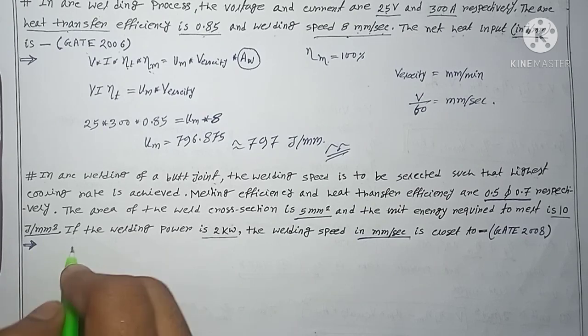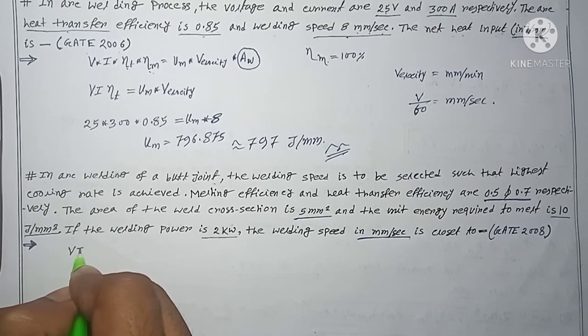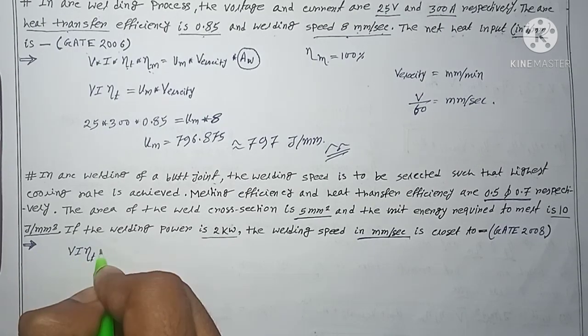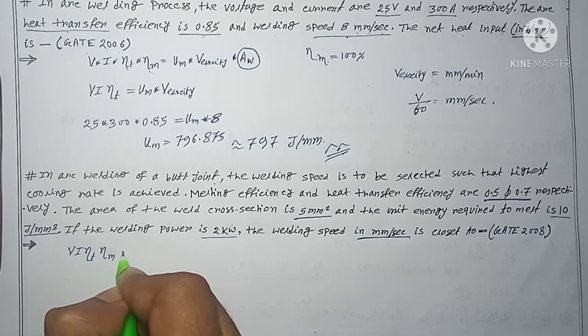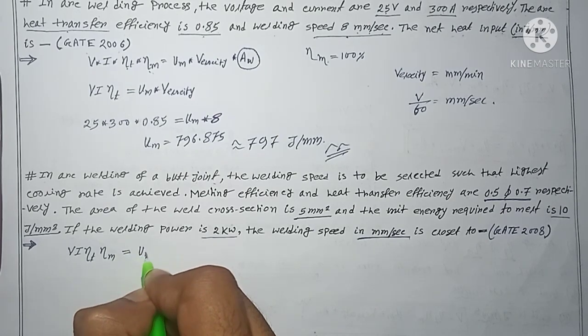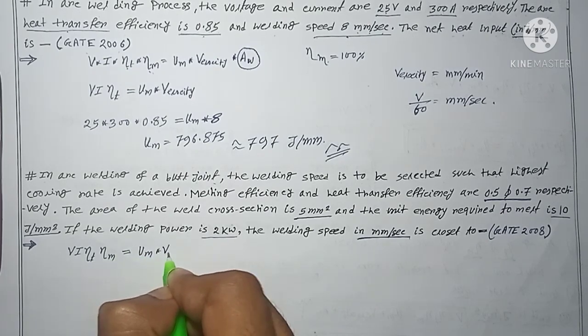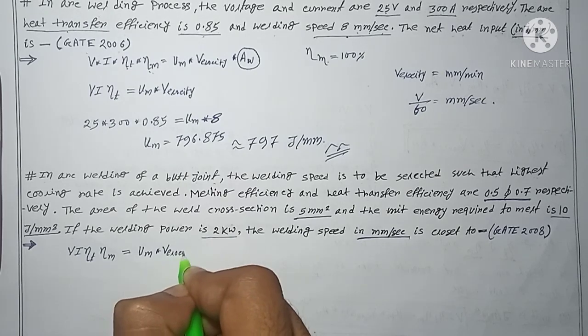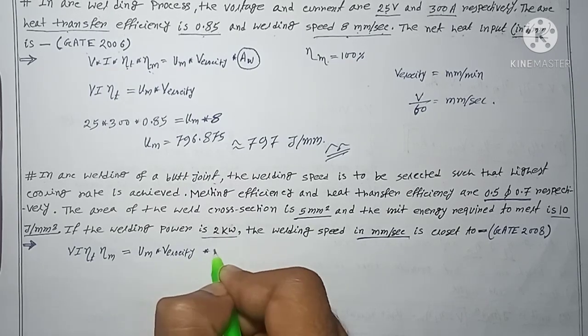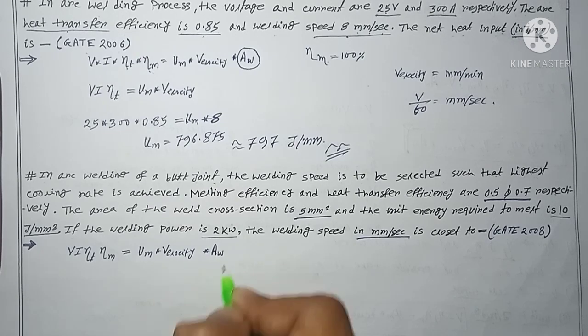We have a single equation: voltage into current into transfer efficiency into melting efficiency is equal to heat input into welding velocity into weld cross section area. Am I right?